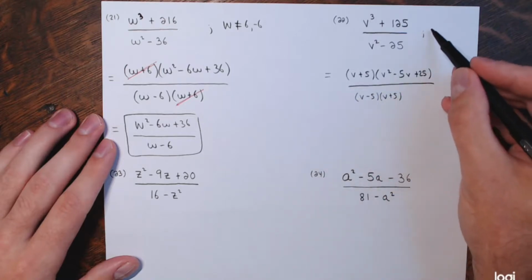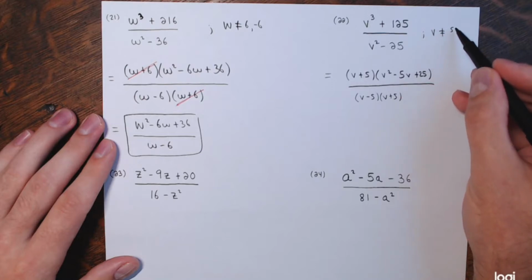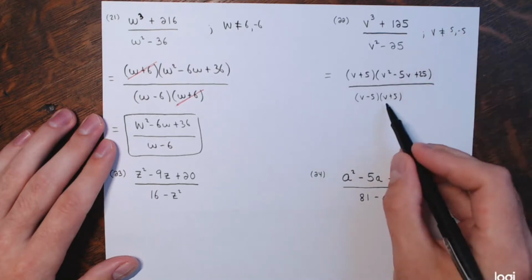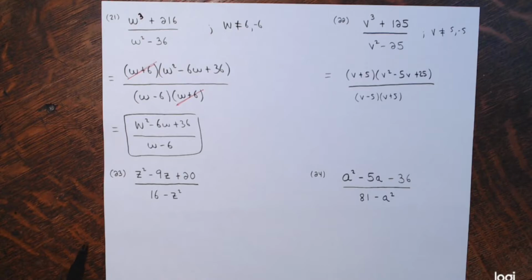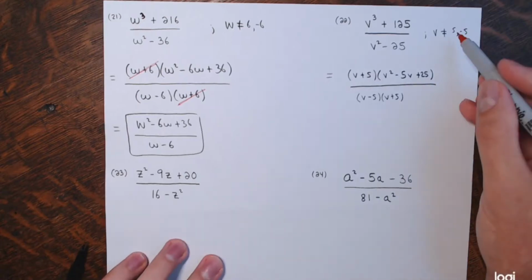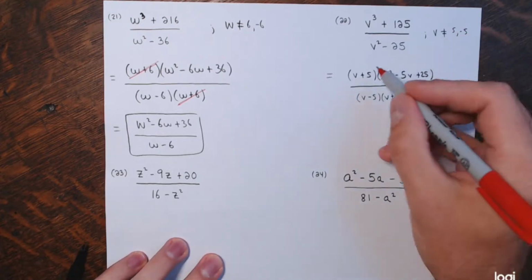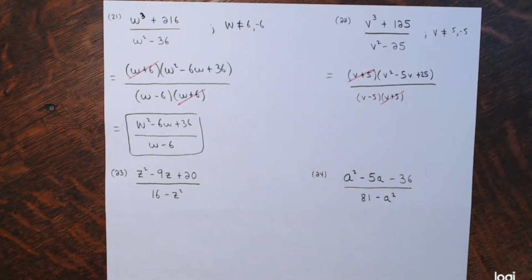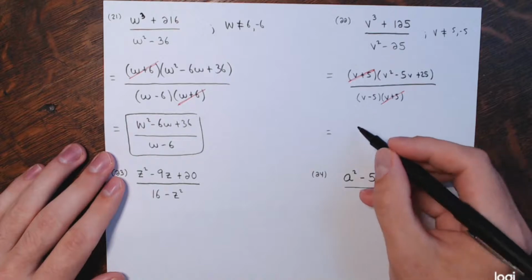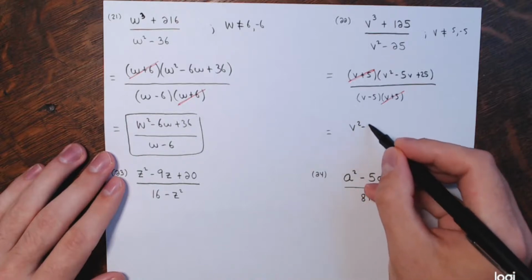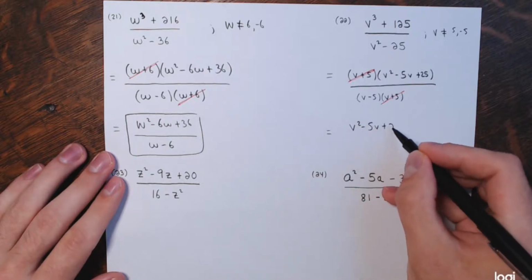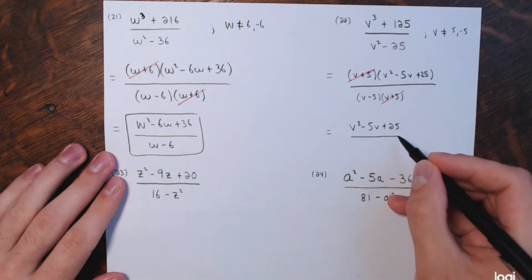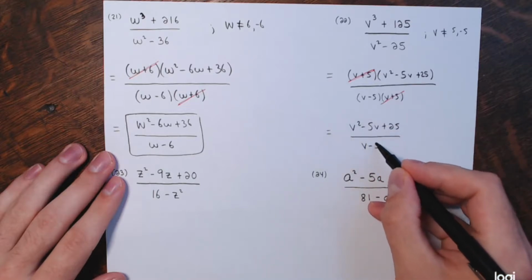And I'll note that v cannot be equal to 5 or negative 5, because that'll make me divide by 0. So this will be good for any value of v besides 5 or negative 5, and then cancel the common factors of v plus 5 in the numerator and denominator. Numerator is v squared minus 5v plus 25, divided by the denominator v minus 5.